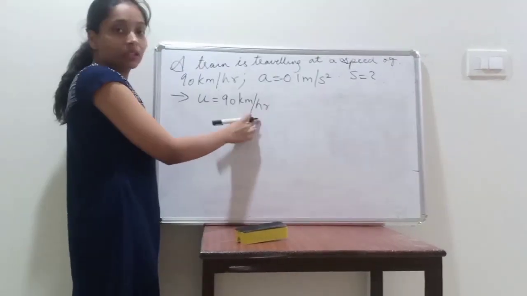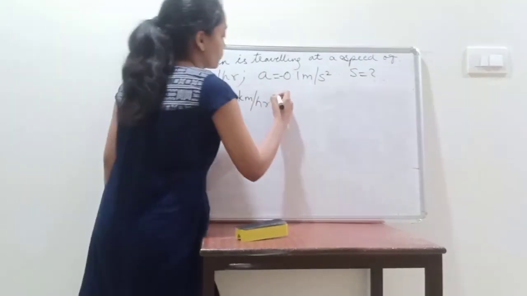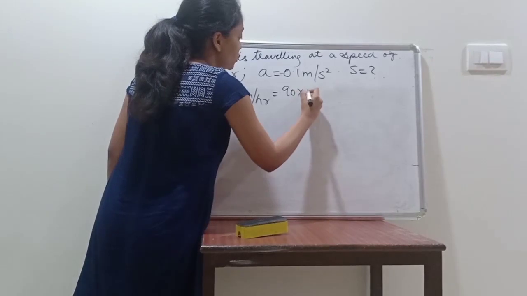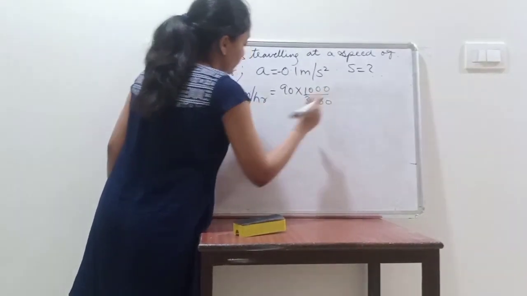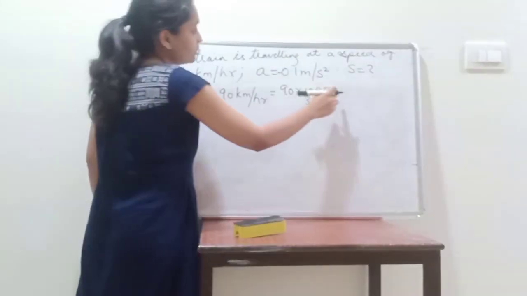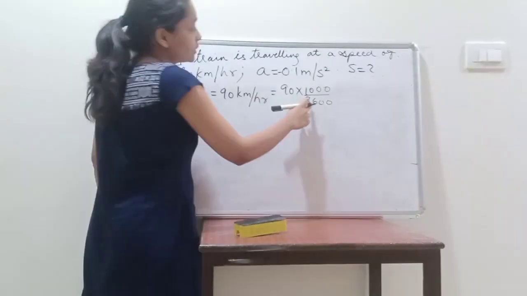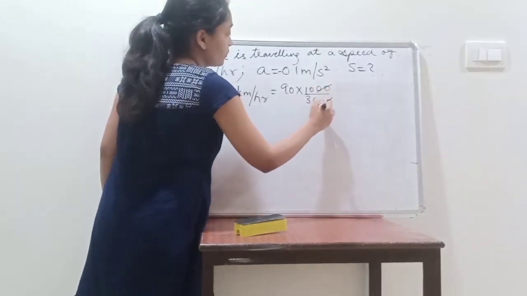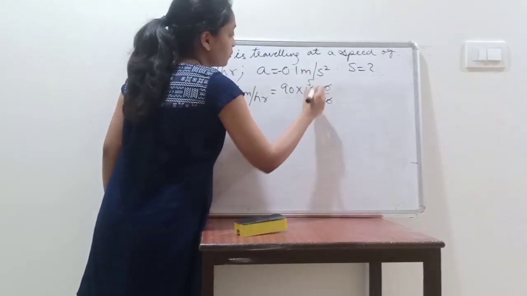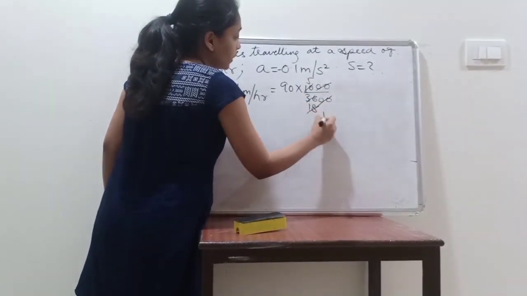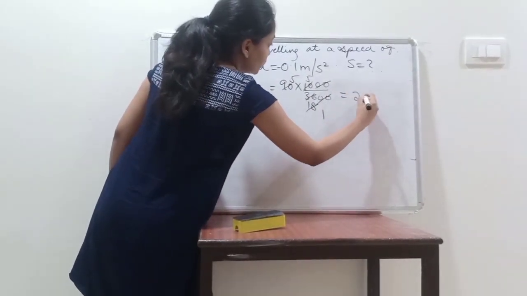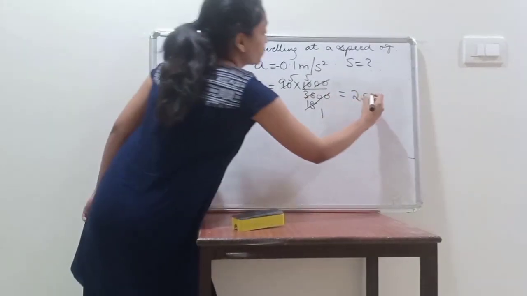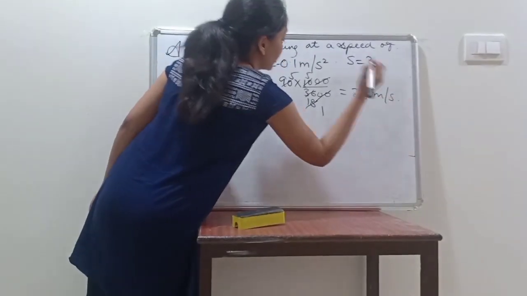Let's convert this into meters per second. This will be 90 into 1000 by 3600 because 1 kilometer is 1000 meters and 1 hour is 3600 seconds. This will be 5 by 18, so this is 25 meters per second.